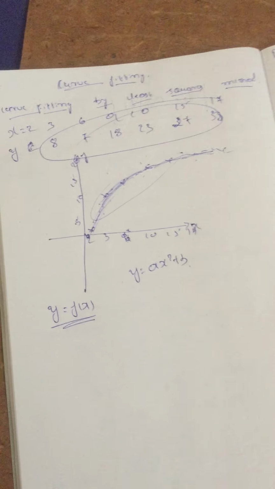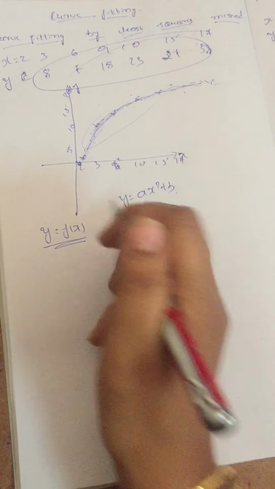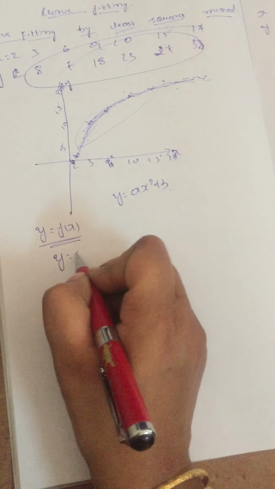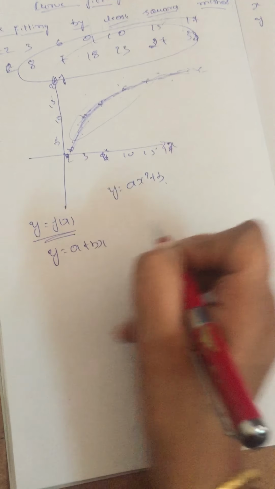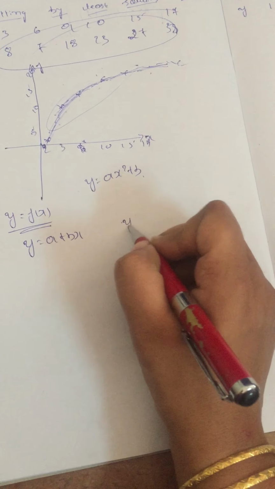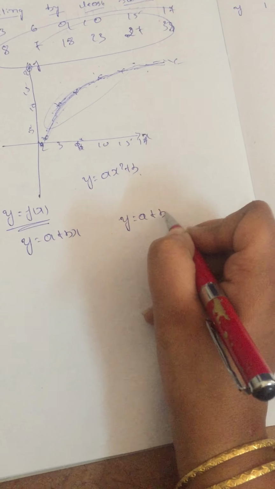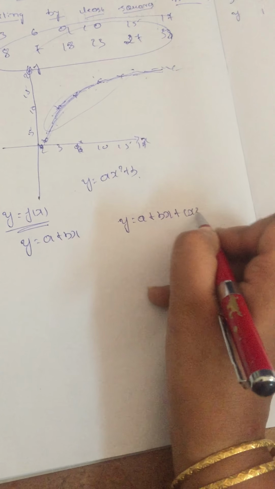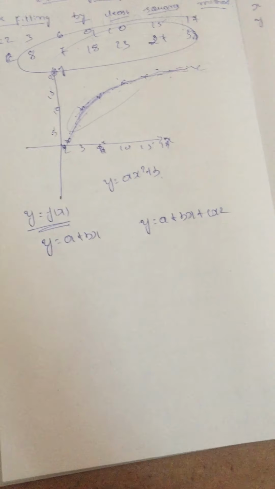Here we discuss two relations: one is the equation of a straight line, y is equal to a plus bx, and another one is the equation of a parabola, that is y is equal to a plus bx plus cx square.